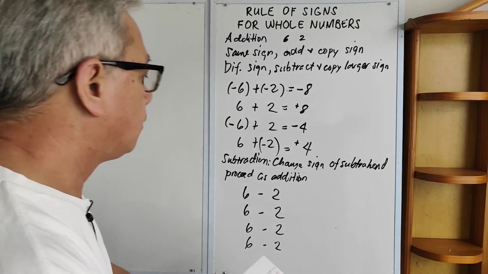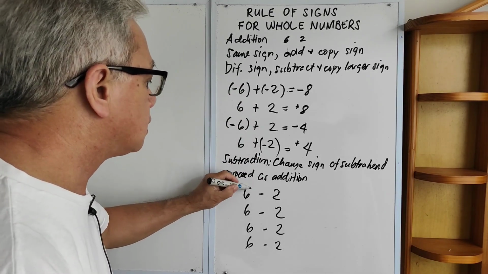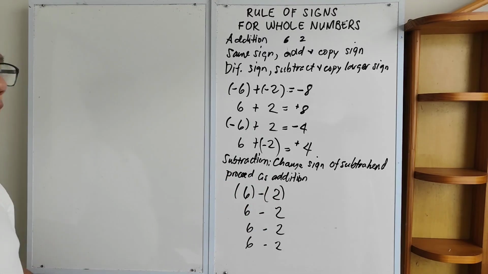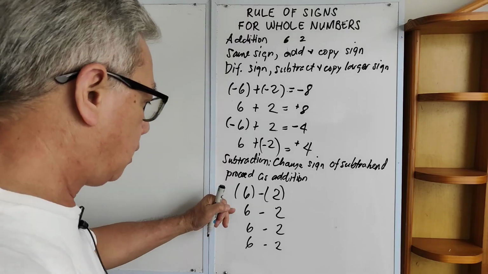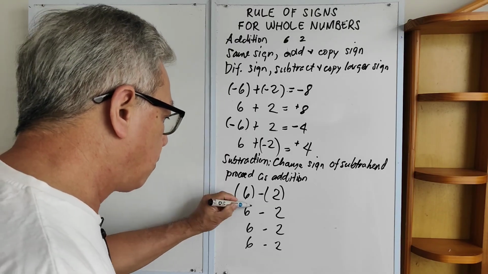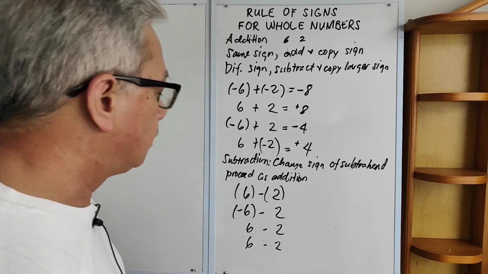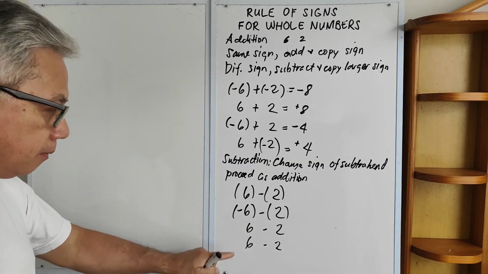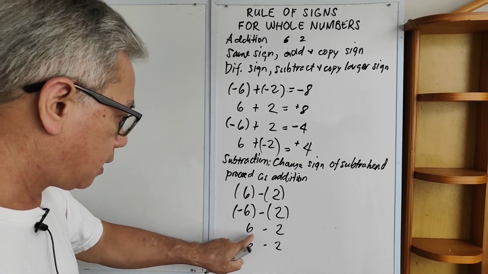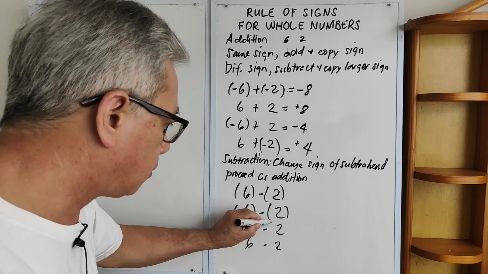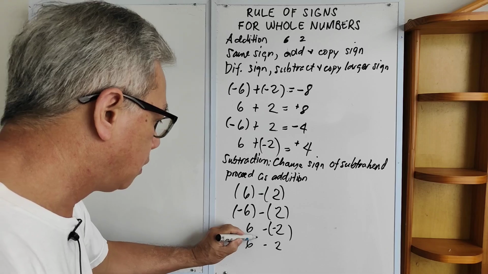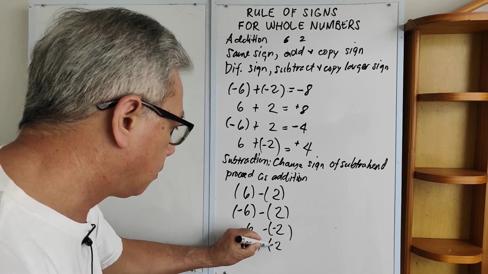So let's say this is both positive, so we won't put any signs. In here, let's put the first term as negative. In here, let's put the second term as negative. And then in here, let's put both numbers negative.